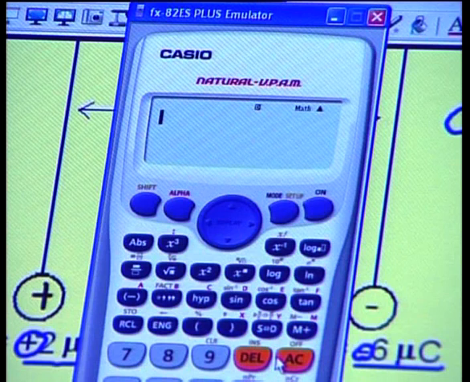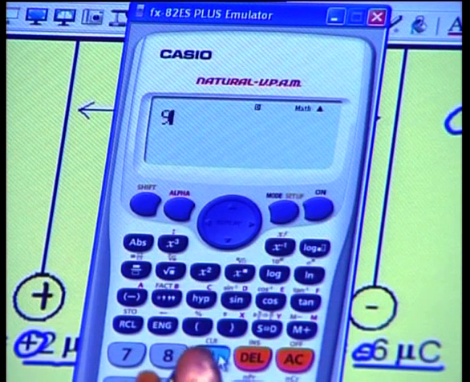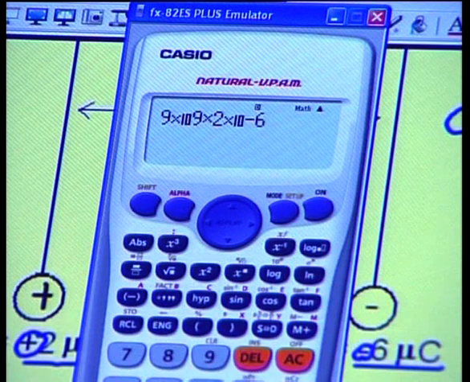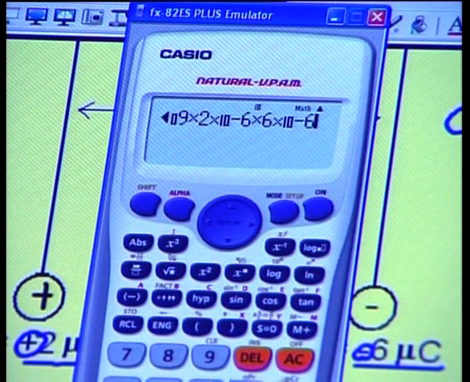Now I need a calculator to work out this now. So with a calculator, I'll then say this is 9 by 10 to the power 9 times 2 by 10 to the power -6 times 6 by 10 to the power -6.